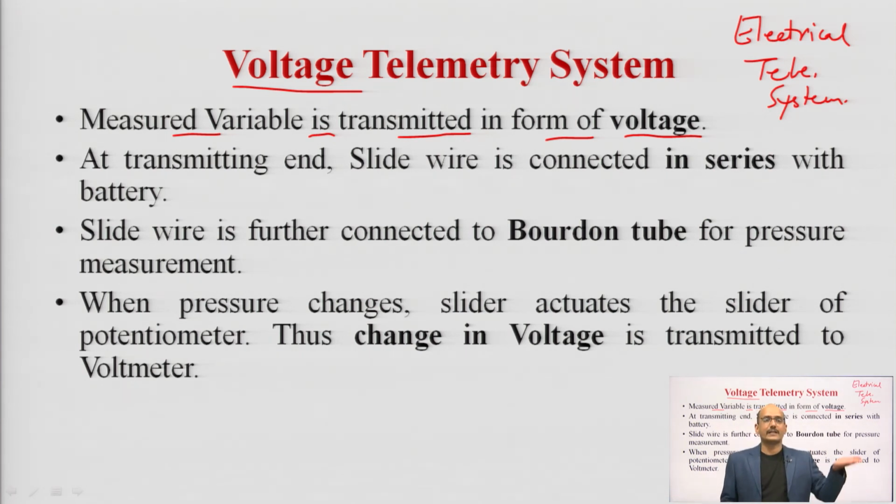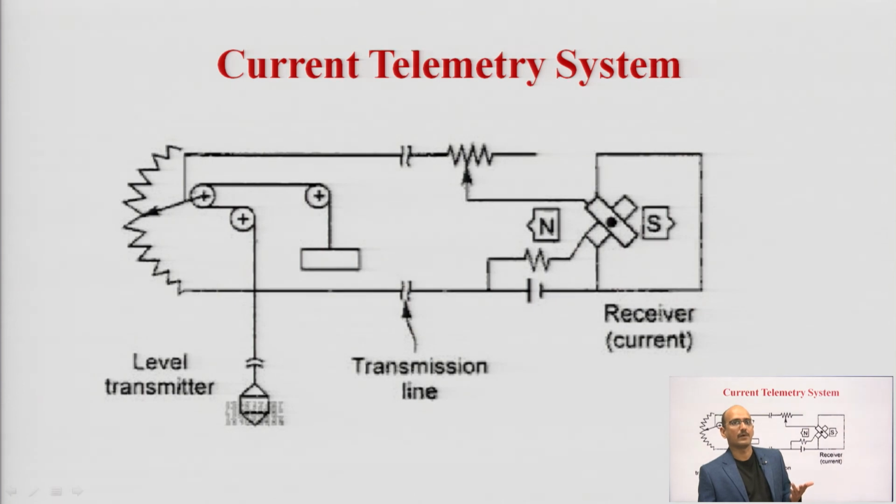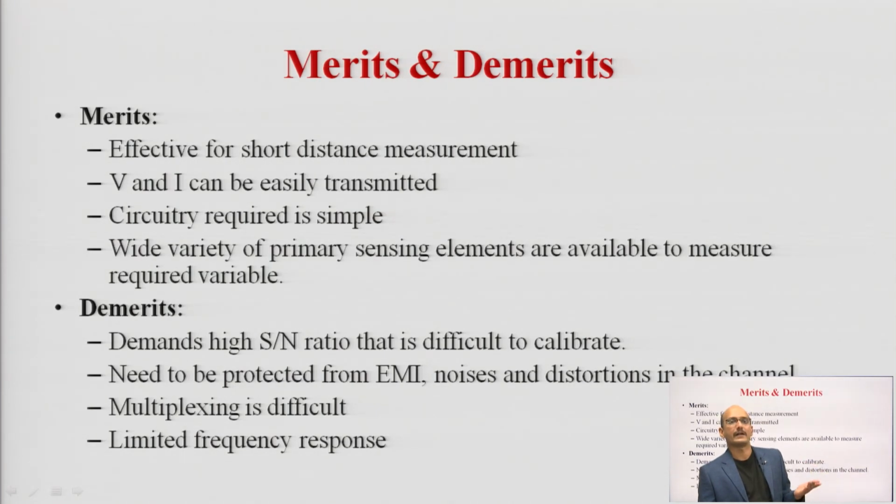If there is a change in temperature, the voltage telemetry system is going to convert that change in temperature into a change in voltage. So, in the next lectures we are going to concentrate more on these kinds of telemetry system such as voltage telemetry system, then current telemetry system, and then its merits and demerits.